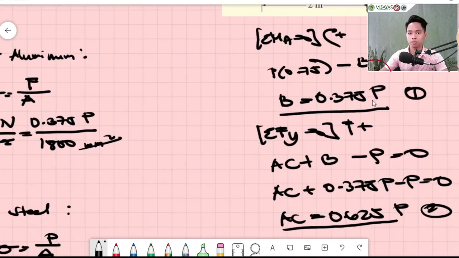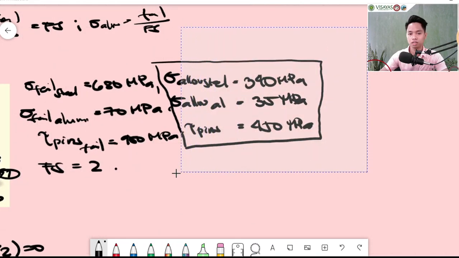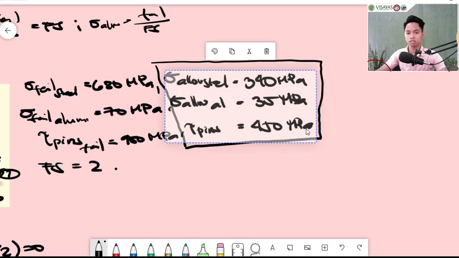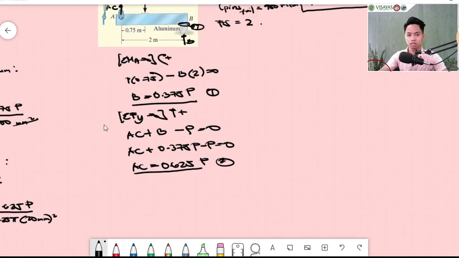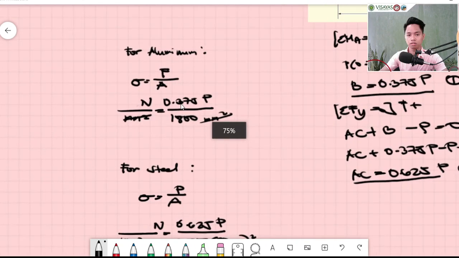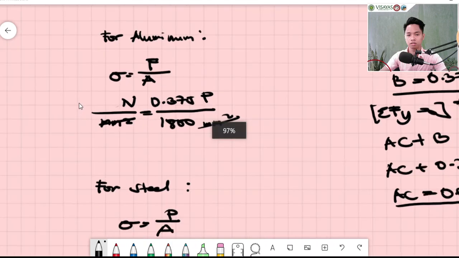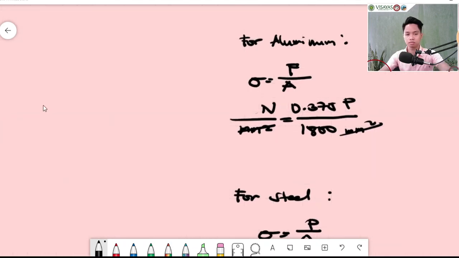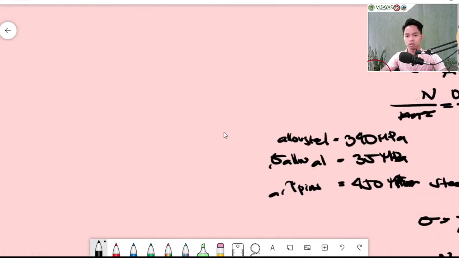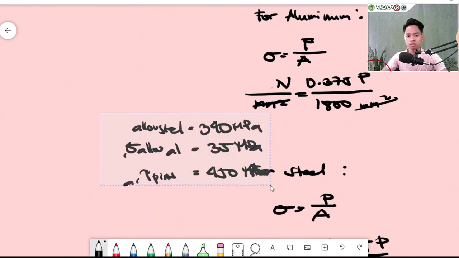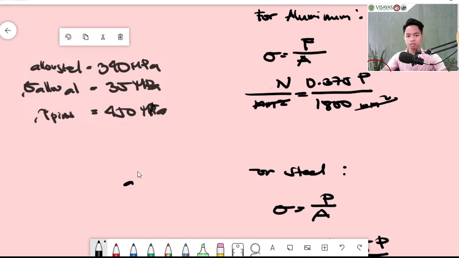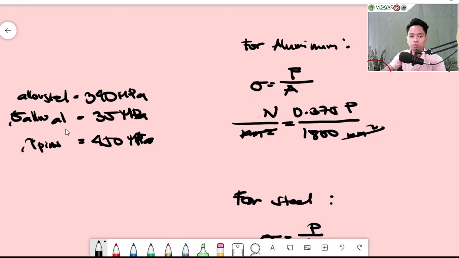I guess I already wrote it earlier. For aluminum we have 35 MPa. Since it already has the factor of safety, 35 multiplied by 1/8 divided by 0.375.